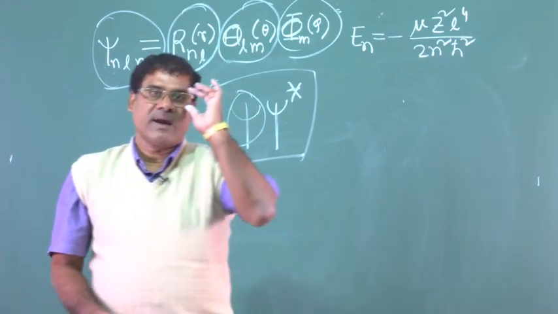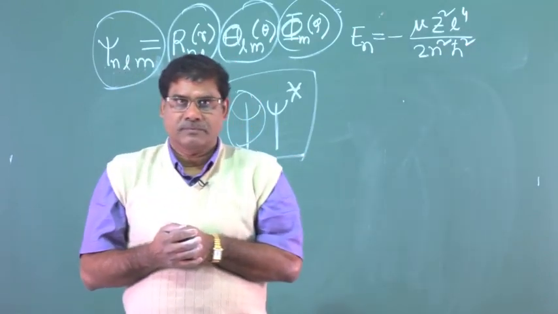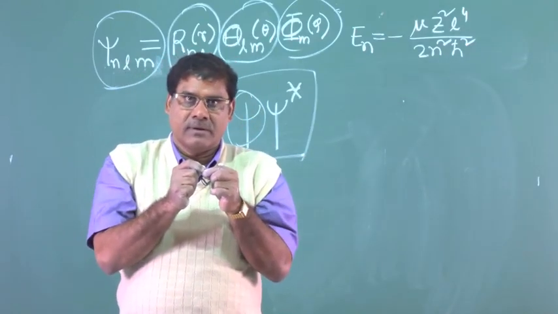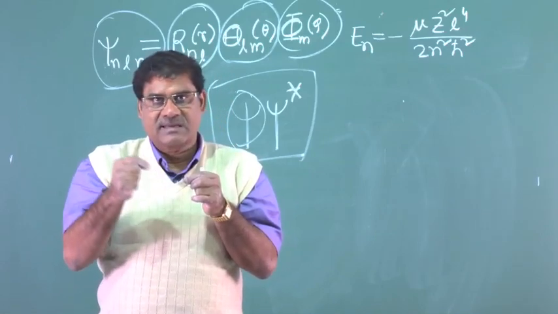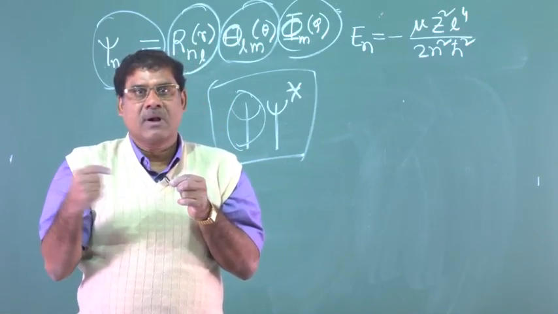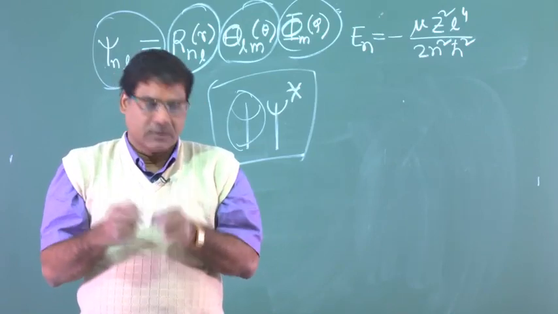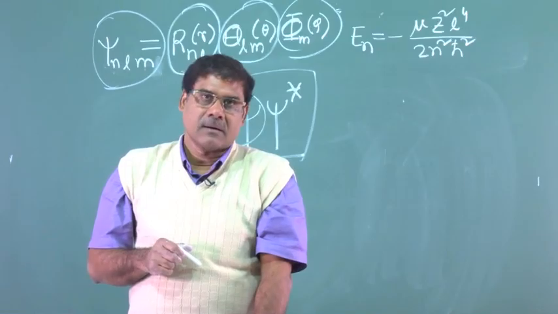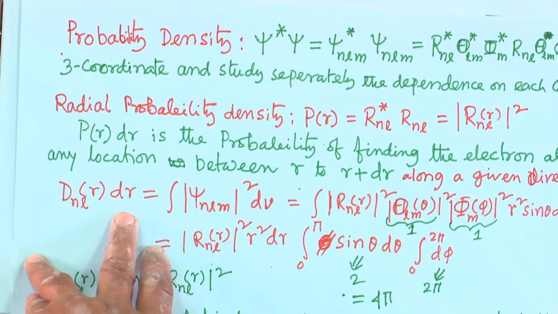To find the electron, what is the probability as we go away from the nucleus? That means at different distances from the nucleus, what is the probability of finding the electron? That is what D_nl tells us.